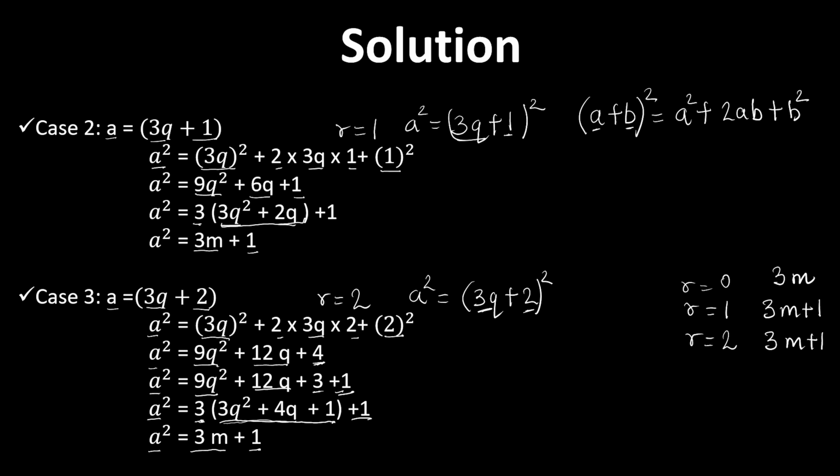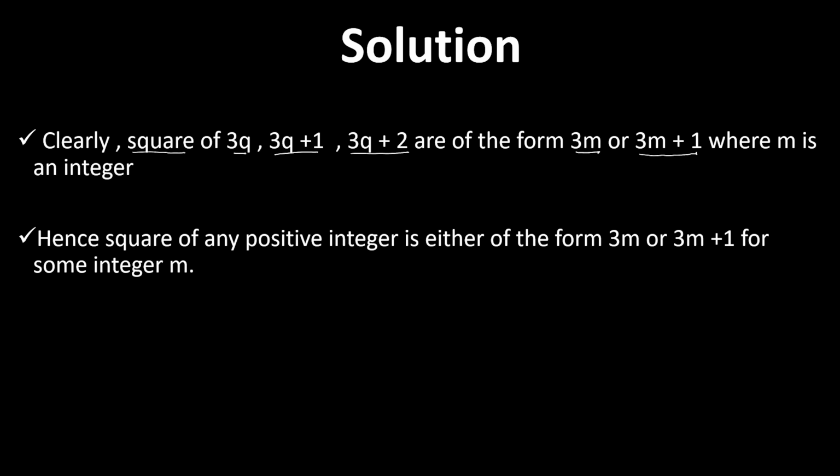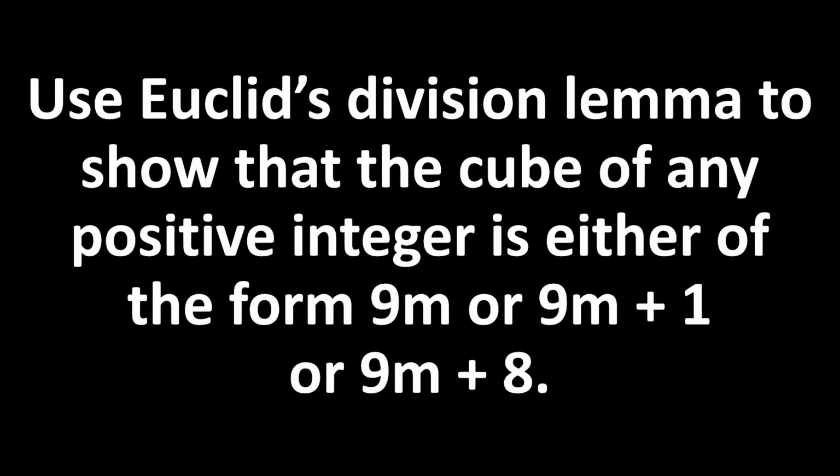We'll write it down as clearly, square of 3q plus 1 and 3q plus 2 are of the form 3m or 3m plus 1, where m is an integer. Hence, we can conclude that square of any positive integer is either of the form 3m or 3m plus 1 for some integer m.